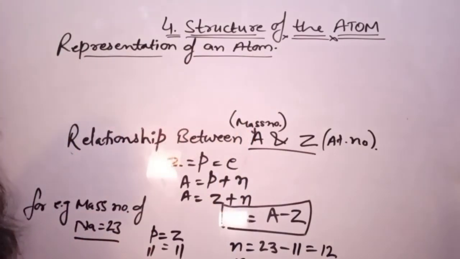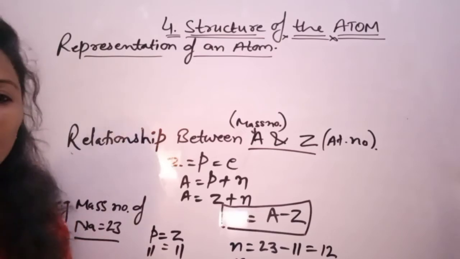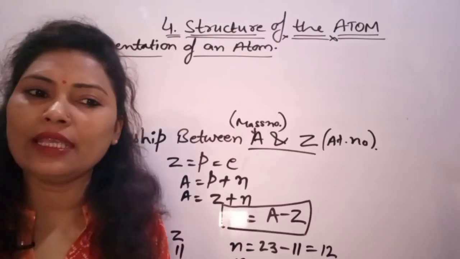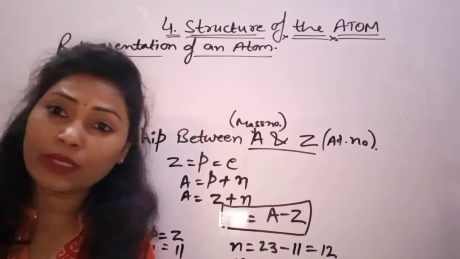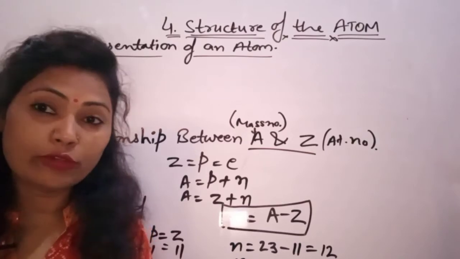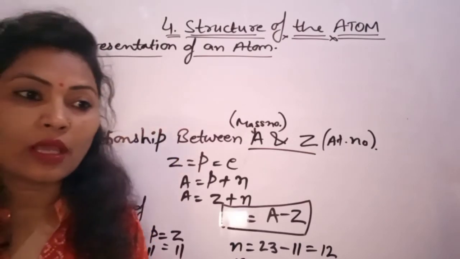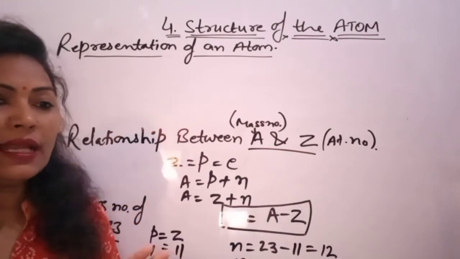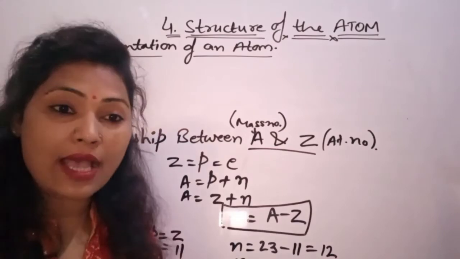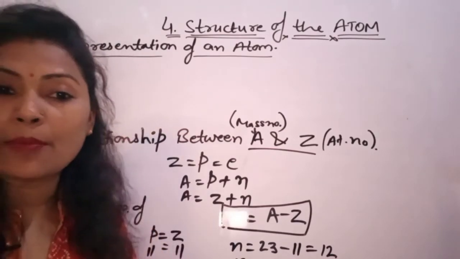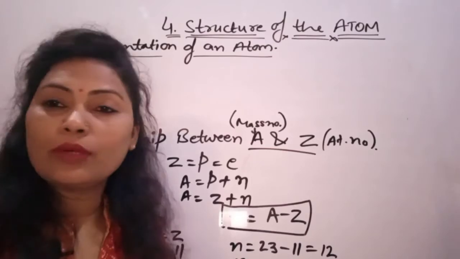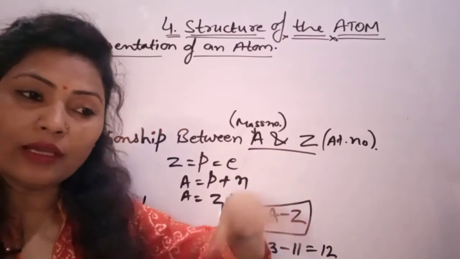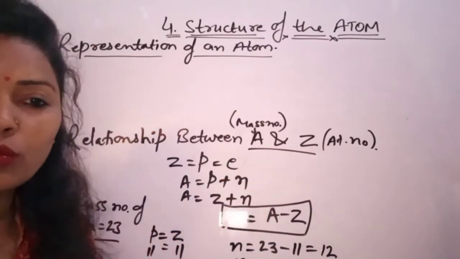As you know, the atom of an element is generally represented by the symbol of that element, say symbol X, Y, A, B, anything, and the atomic number is denoted by Z, you know that. Z is written on the lower left side of the symbol, whereas the mass number is written on the upper left side of the symbol of an element. Sometimes both are written on the left side, so don't worry about that.